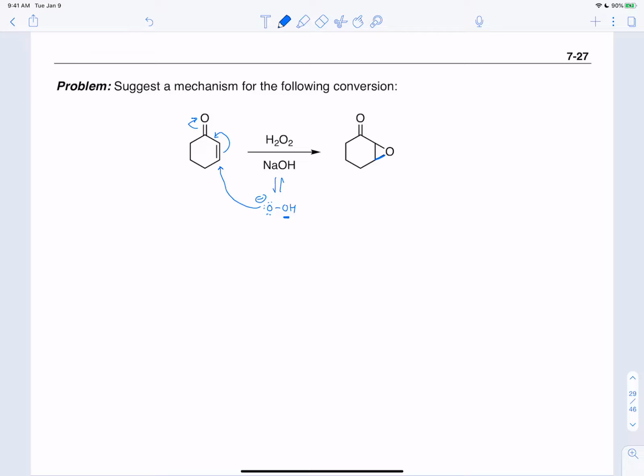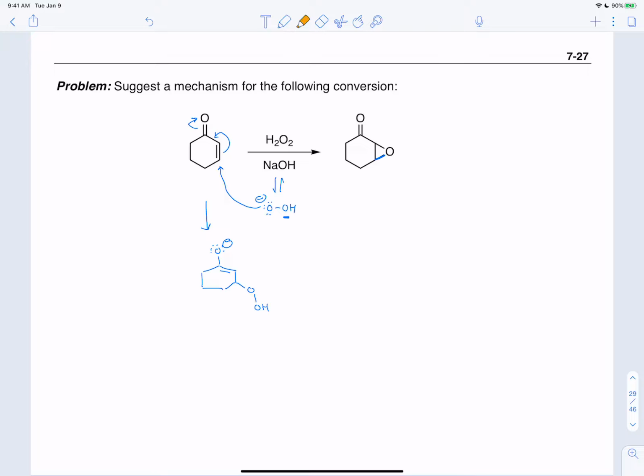These are also called conjugate additions, so you may see that name as well. Along the way, we make an enolate anion that has a peroxide attached to it.